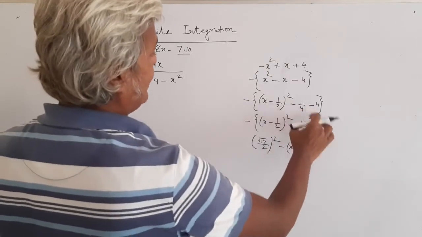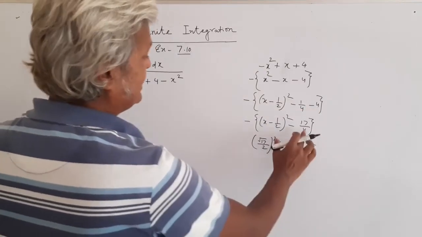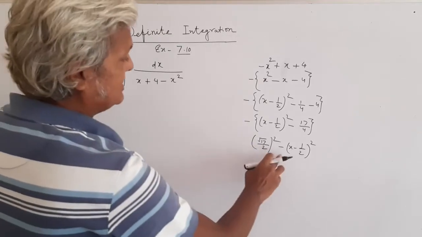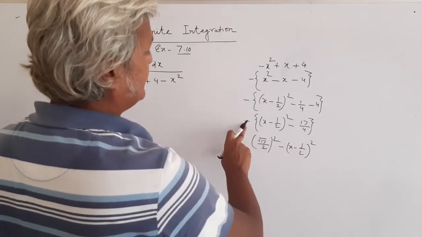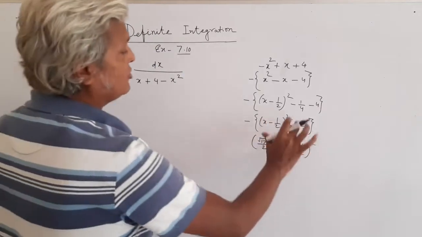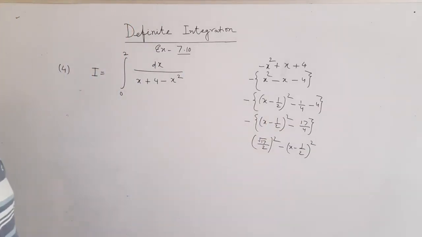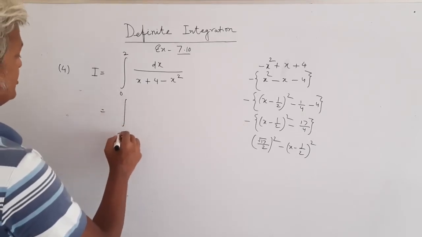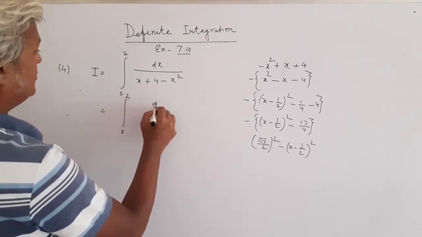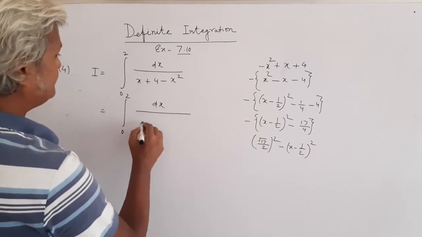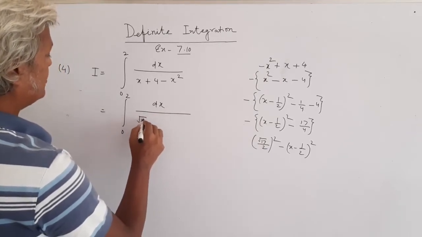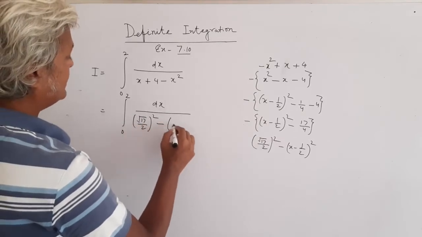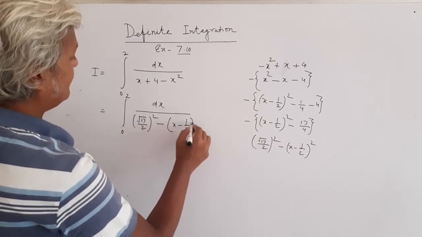Minus 1 by 4 minus 4 is minus 17 by 4, which is later represented as under root 17 over 2 whole square minus x minus half whole square, because this minus is just changing the order. It's like minus b minus a is b minus a. So here this question becomes integration 0 to 2 dx over under root 17 by 2 whole square minus x minus half whole square.